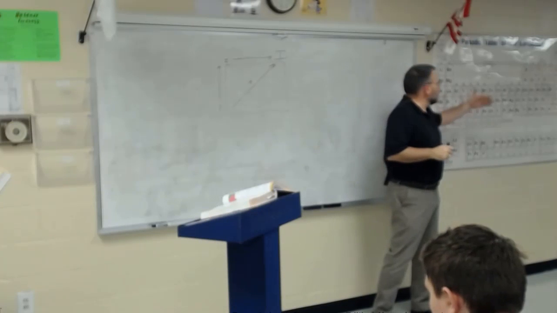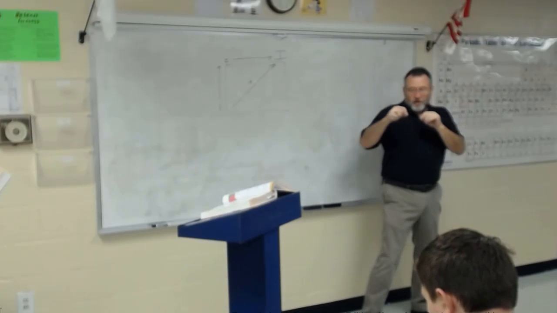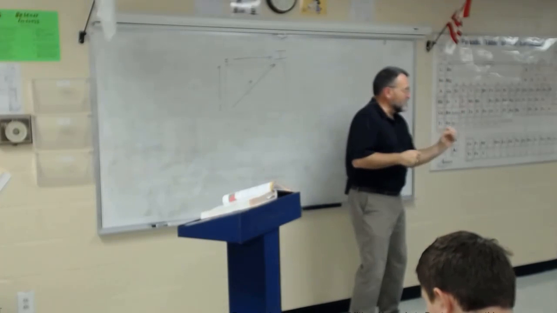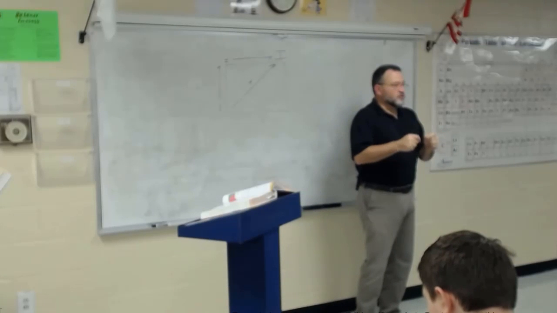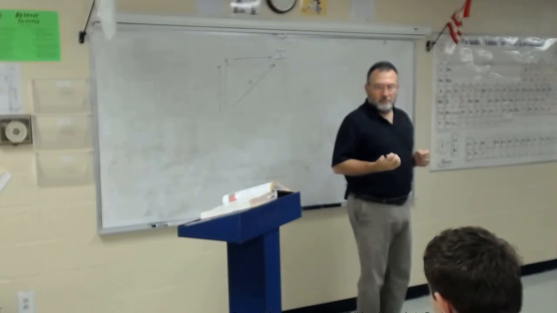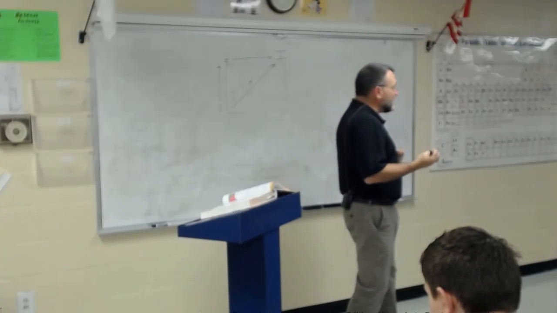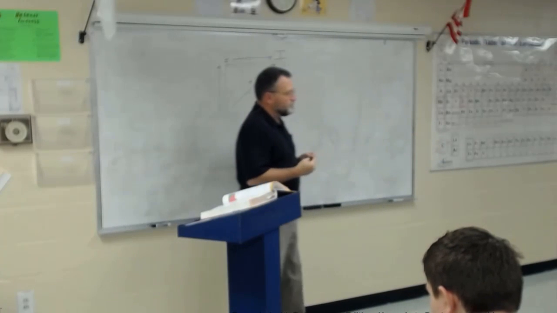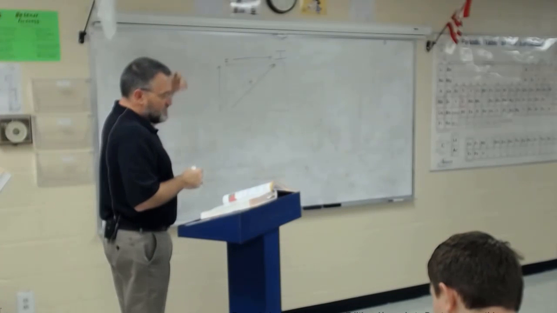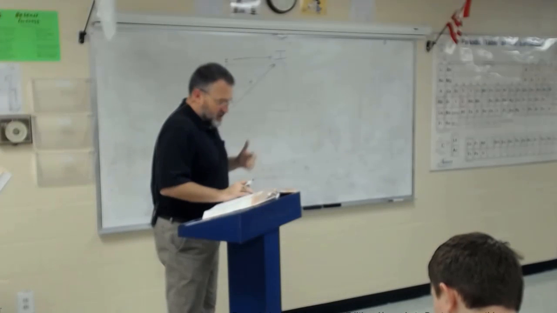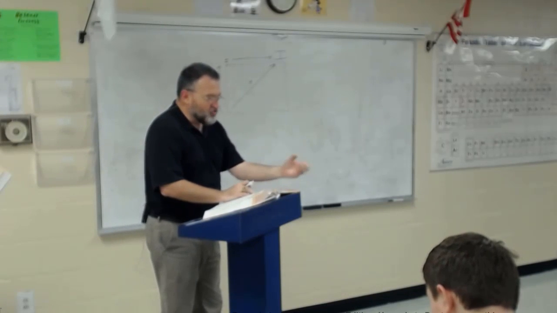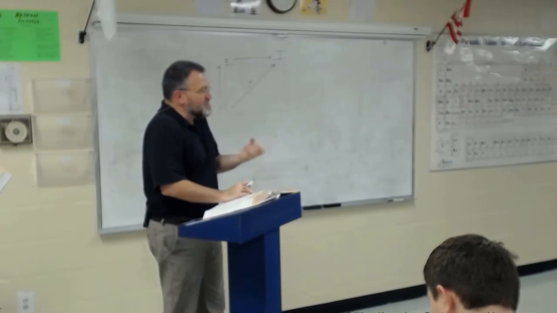Ionization energy looks at chlorine and says, how hard is chlorine holding on to what it has? Electronegativity says, how hard is chlorine trying to take from somebody else? Okay? Again, they're very related, but they're not exactly the same thing. And the trend on the periodic table is exactly the same as it was for ionization energy. On page 148, it says electronegativity is a measure of how strongly an atom attracts extra electrons to itself.